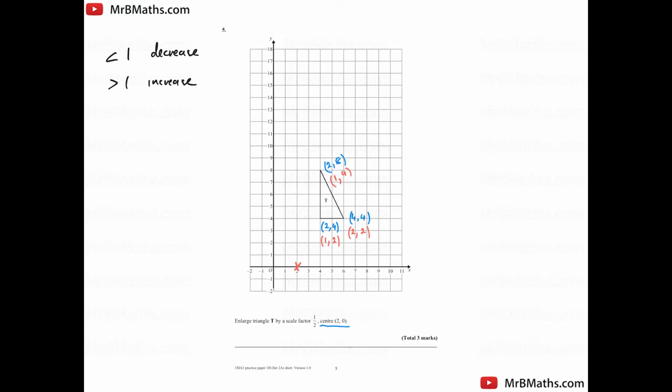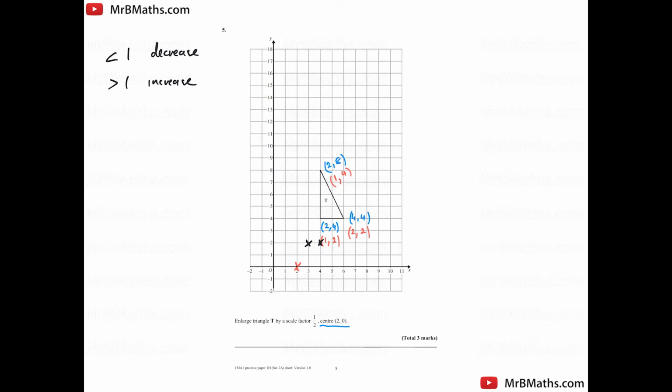Okay, again. So now let's do that in black. So this part here needs to now move to 1, 2. So 1 away from the center point and 2 up. So that's here. This vertex here now needs to move 2, 2. So 1 across, 2 across, 2 up. So that would be here.